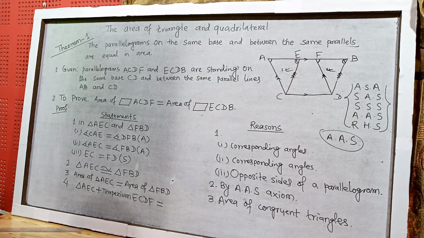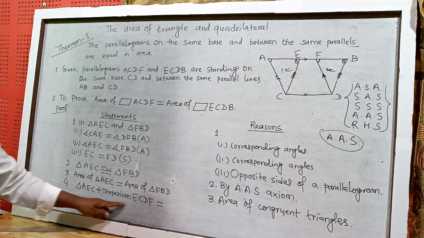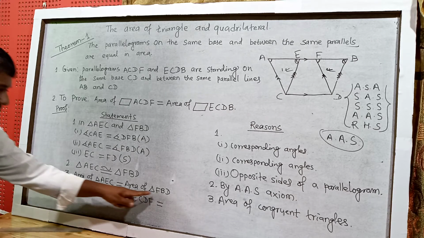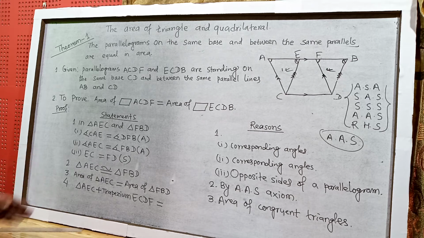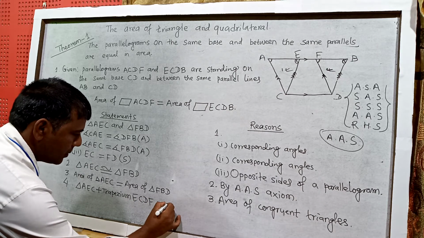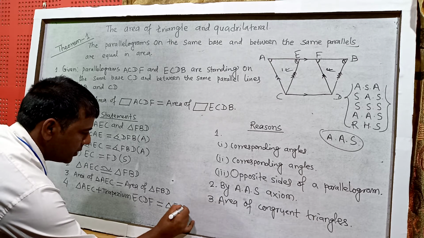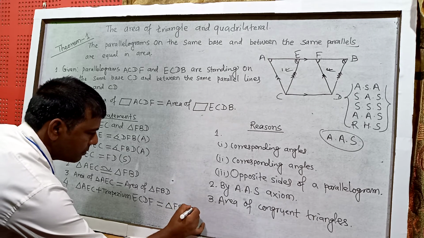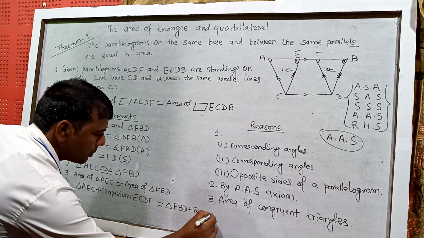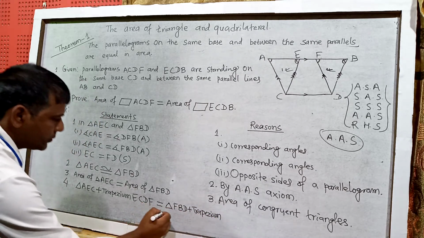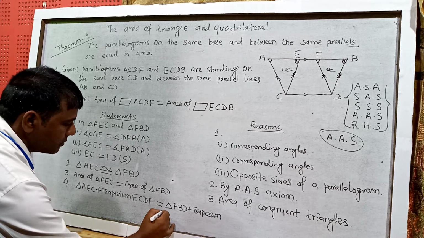Equals to, we added the trapezium ECDF on this side, then on this side also we should add the same, then they can be equal. So triangle FBD plus trapezium ECDF.